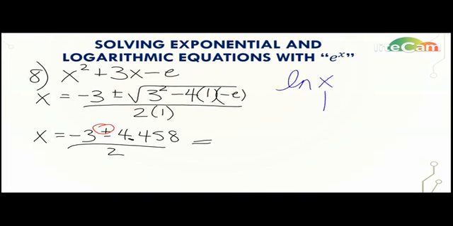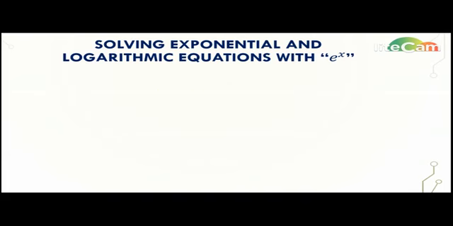And I know there is nothing that I can take e to the exponent that's going to make a negative number. So therefore, I'm only going to use this positive one, which is -3 plus the 4.458, and then divide by 2, which I get 0.729, which does work in the natural log.